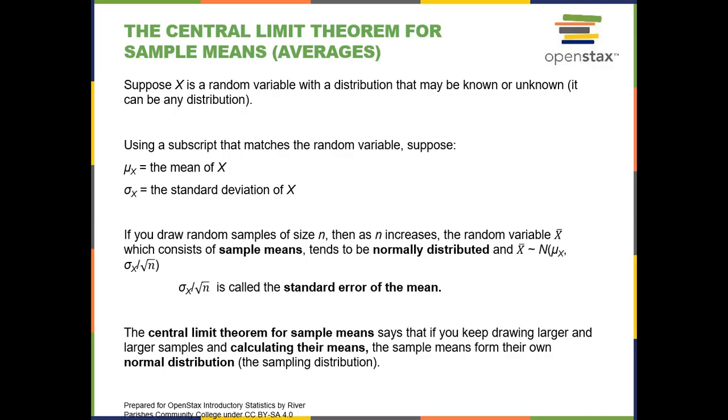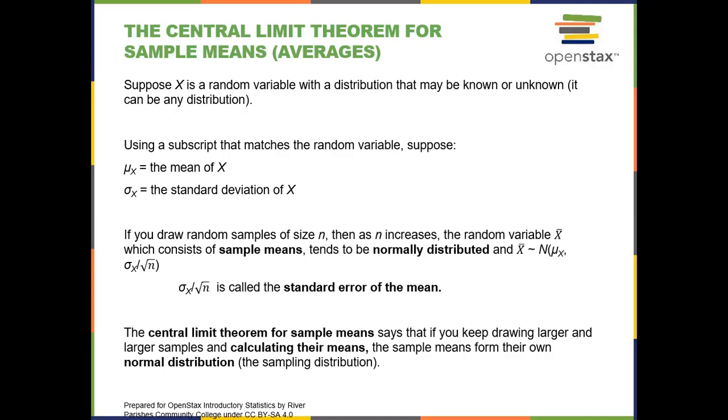If you draw random samples of size n, in my example it was 36, then as n increases, that is as the sample size increases, the random variable x bar, sample mean age in my example, which consists of sample means, tends to be normally distributed, bell-shaped. So x bar is a normal distribution with a mean mu x, which is the mean of the population.